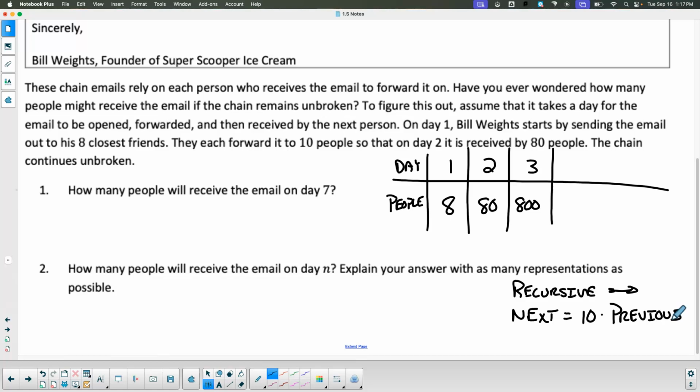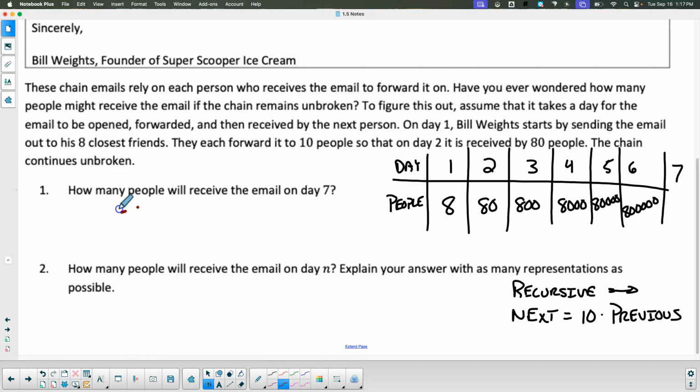Okay, so 4th day, how many people? 8,000. 5th day, 80,000. 6th day, 800,000. And 7th day, how many? 8 million. 8 million people, yep.